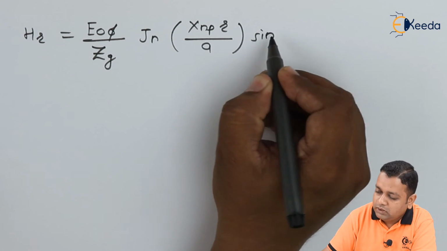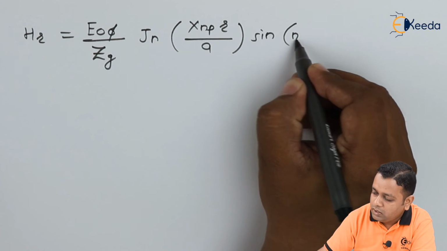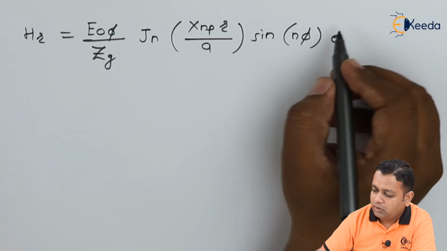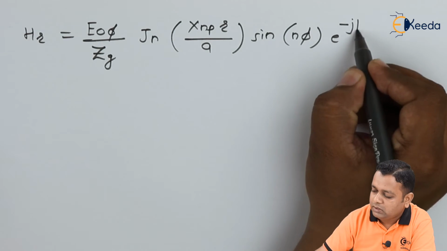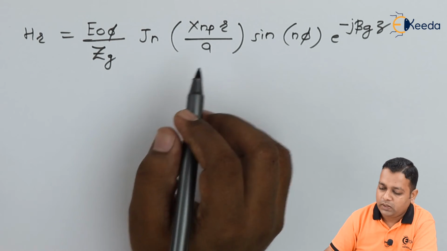This is in multiplication to the trigonometric function sine of n phi, the harmonics representing the spatial variations, and the phase shift e to the power minus j beta g z.